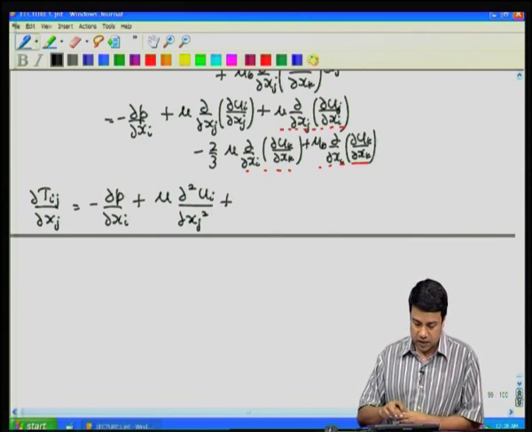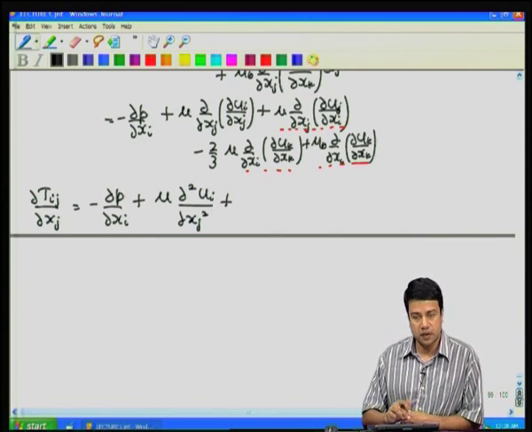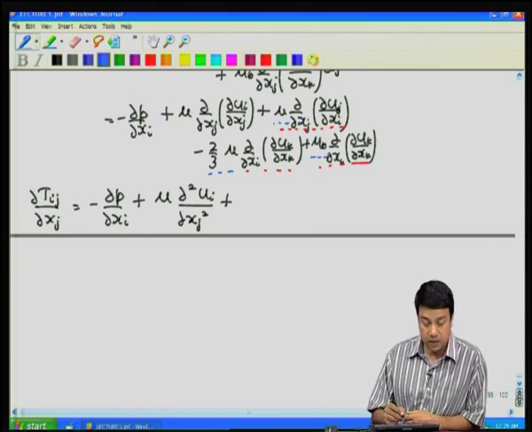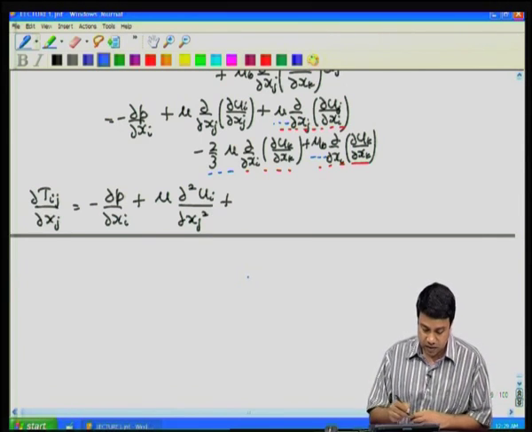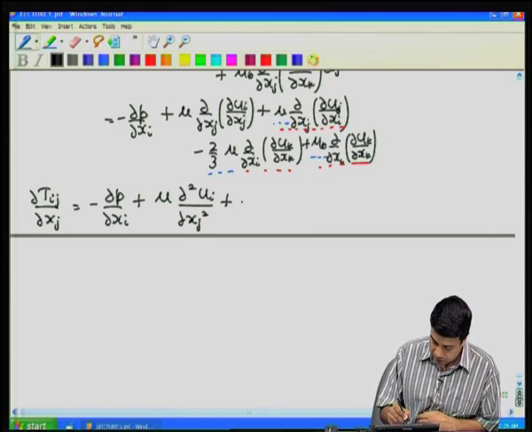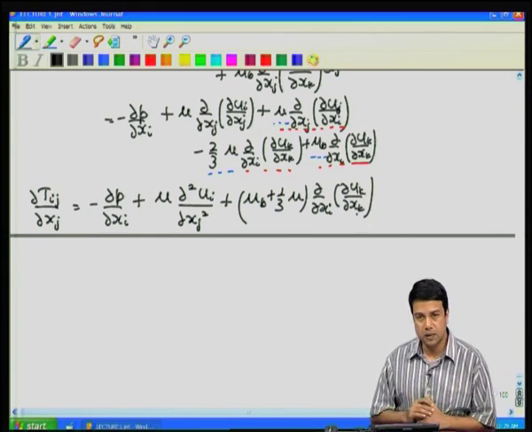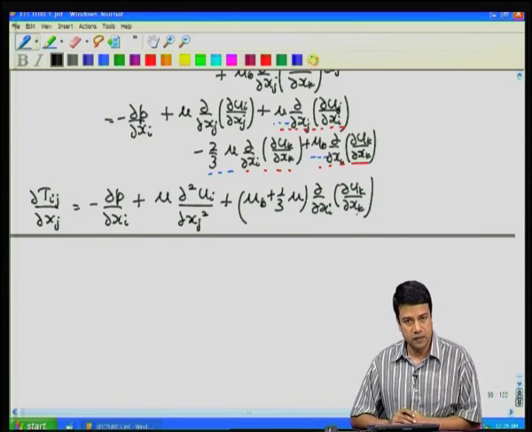The second term I have plus mu minus 2 by 3 mu, plus mu_b. So, there is a plus mu here, minus 2 by 3 mu, plus mu_b. All put together this becomes mu_b plus 1/3 mu times partial by partial x_i of partial u_k by partial x_k. So, that is the divergence of the stress tensor.